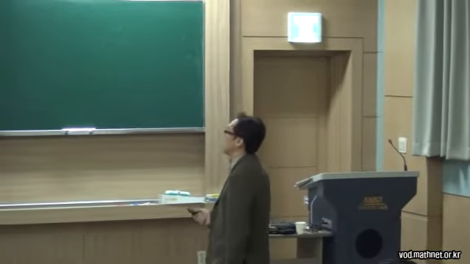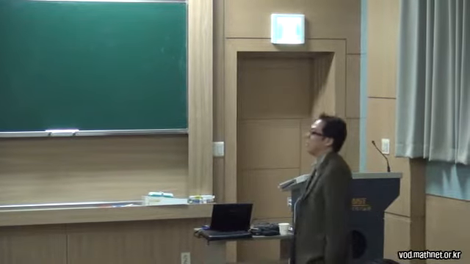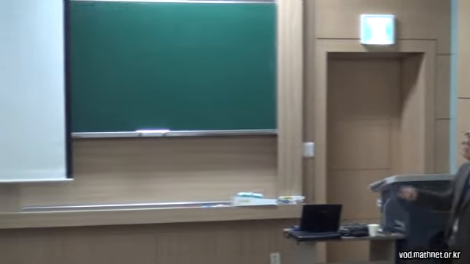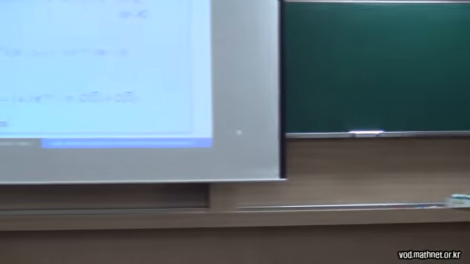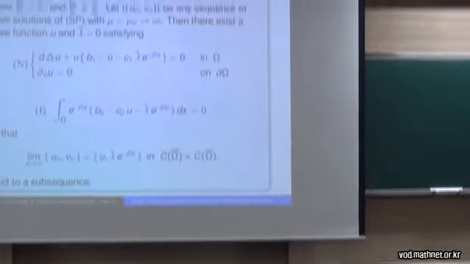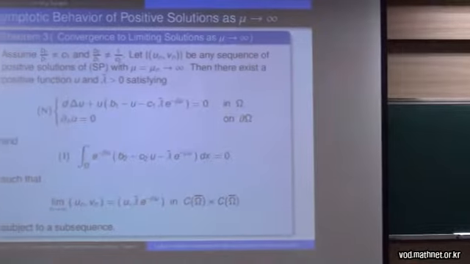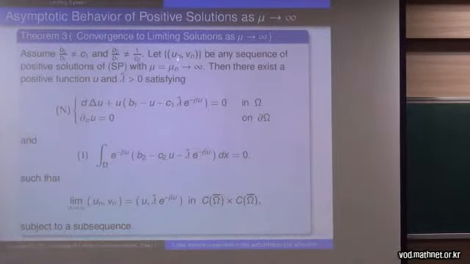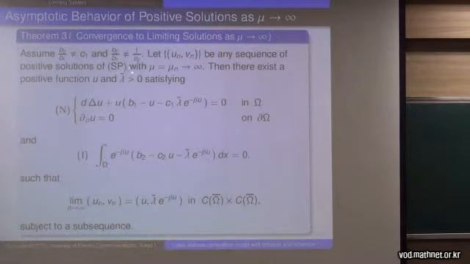But this is a formal derivation. The formal derivation can be justified under the assumption that the ratio B2 over B1 is not equal to C1 and moreover is not equal to 1 over C2. Under this assumption, let (un, vn) be any sequence of positive solutions of SP with mu n tending to infinity.